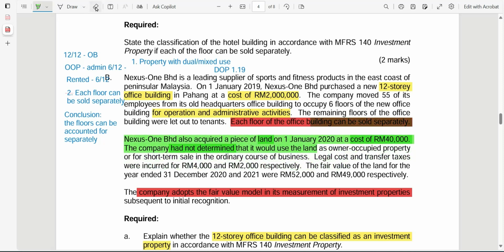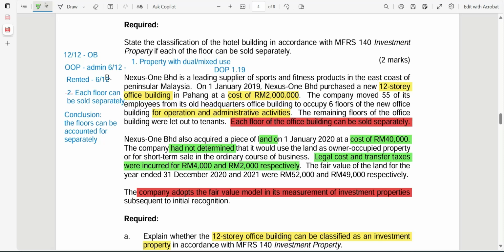The legal cost here refers to the legal cost given and transfer tax, which are 4,000 and 2,000 respectively. So for this land, you need to find out the initial cost. This is the purchase price at cost, and these two are the directly attributable costs.